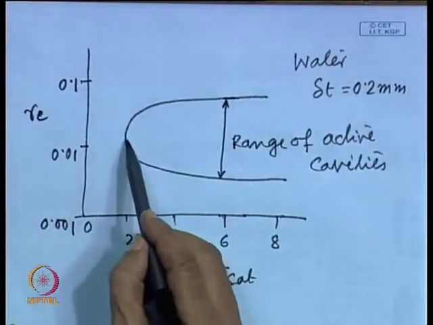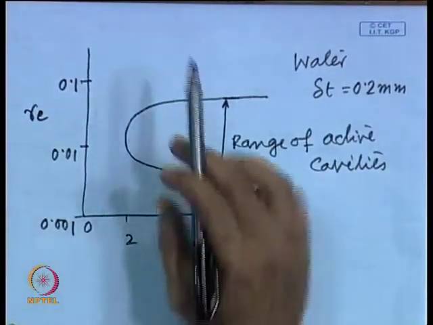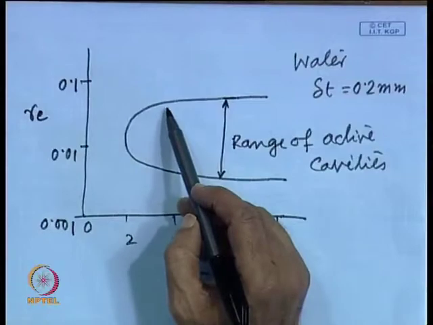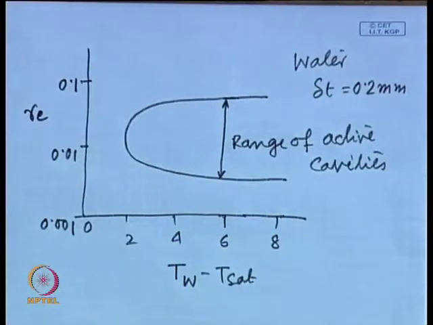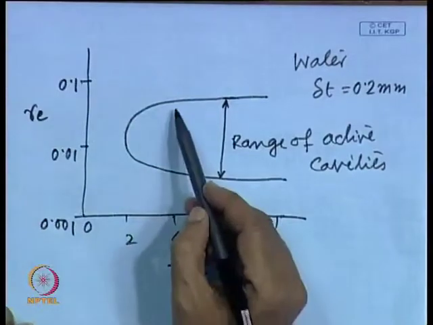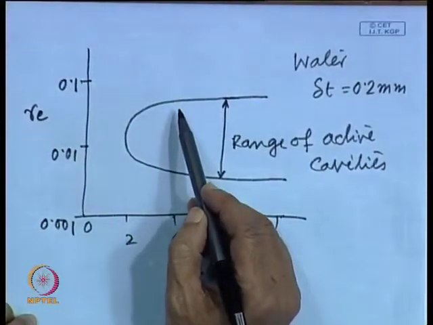So, at this degree of superheat, only the cavity pore size or pore radius, because I have taken the pore radius at the mouth, that is the value of R c. So, only these cavities will be activated.